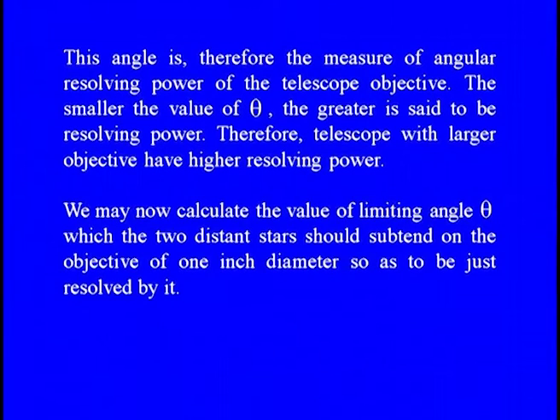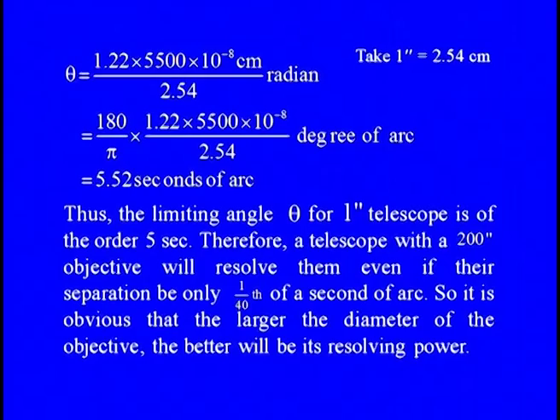We may now calculate the value of limiting angle theta which the two distant stars should subtend on the objective of 1 inch diameter so as to be just resolved by it. Now, putting the value of lambda and capital D, we get theta equal to 5.52 seconds of arc.